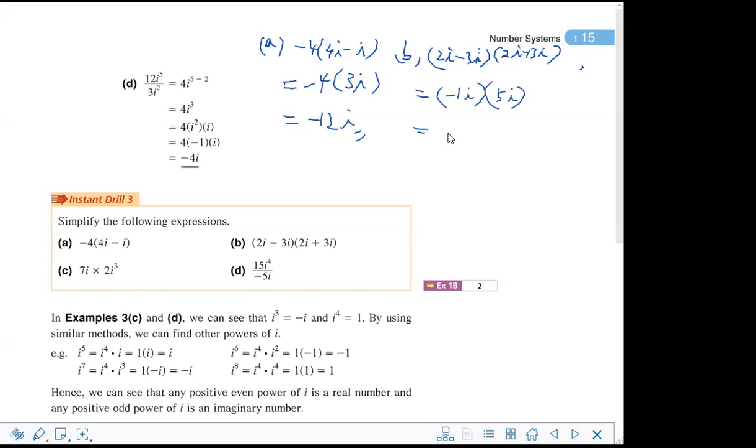And then we just multiply the numbers together, -5. And we have I times I becomes I square. Okay, but don't stop here, because don't forget to change the I square to be -1. -5 times -1 becomes +5. So that's the answer.